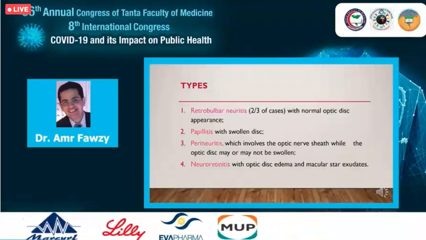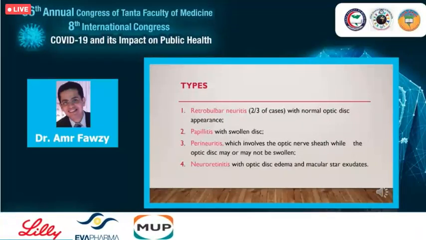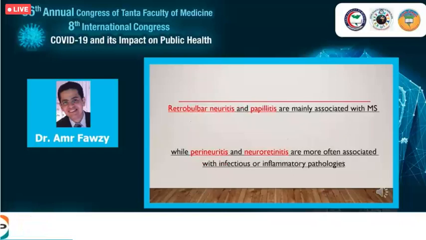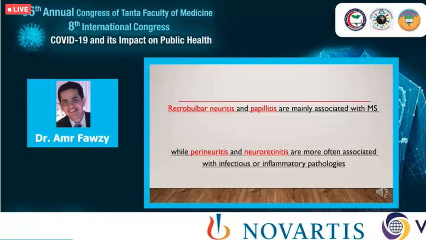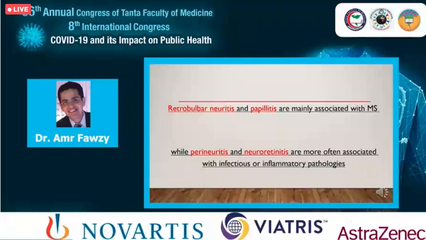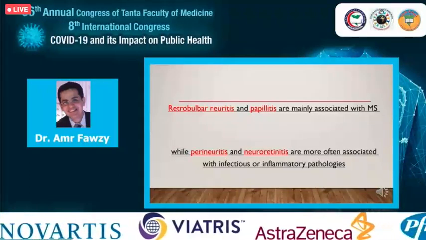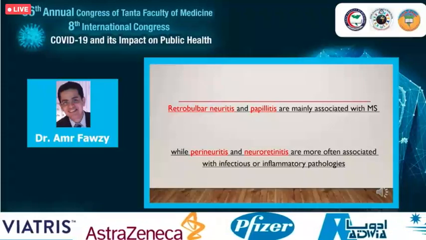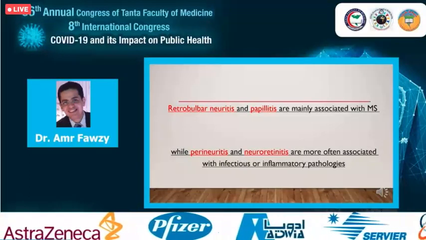Neuroretinitis with optic disc edema and macular star exudation. The retrobulbar neuritis and papillitis are mainly associated with MS, while perineuritis and neuroretinitis are more often associated with infectious or inflammatory pathologies.